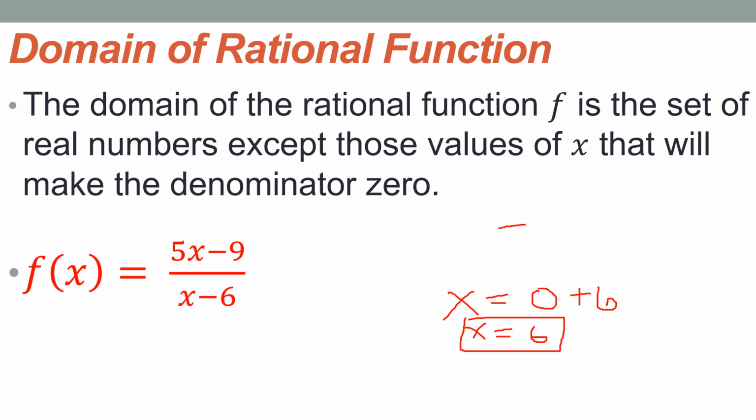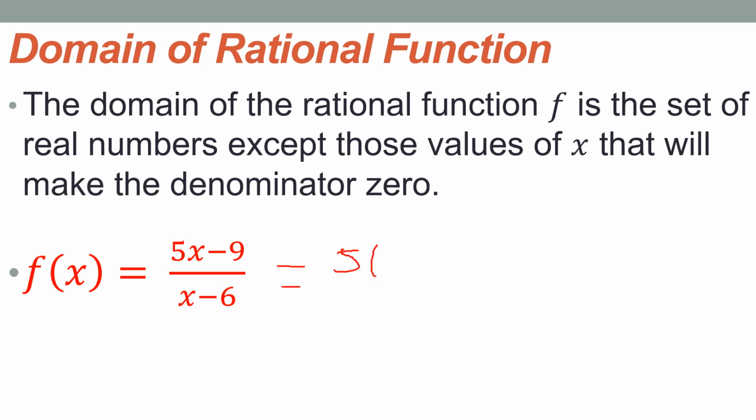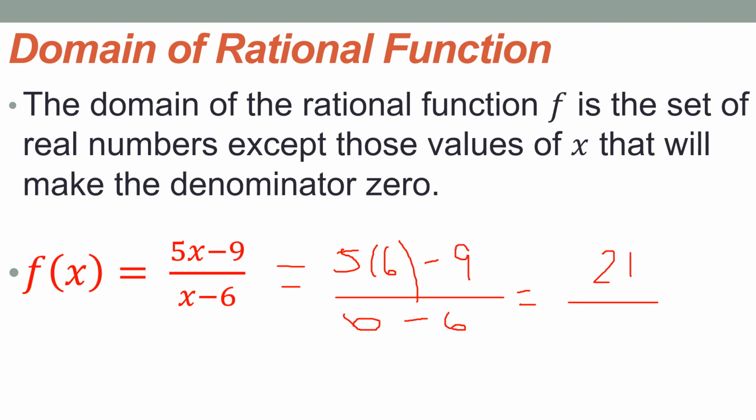Suppose our x is 6. We have 5 times 6 minus 9 over 6 minus 6, which is 5 times 6 equals 30, minus 9 is 21, over 6 minus 6, which is 0.